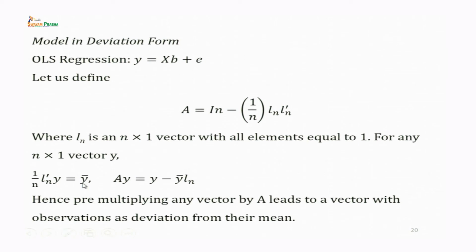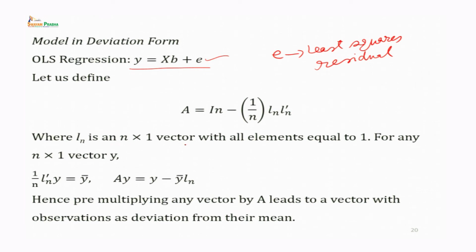Now, we write the model in deviation form. So, this is the OLS regression y equal to X b plus e, where e is the OLS residual, we call it the least squares residual. Now, suppose you define a matrix A equal to I n minus 1 upon n Ln Ln transpose.